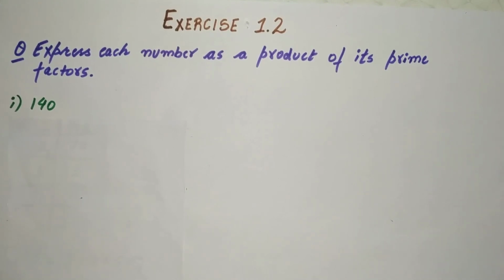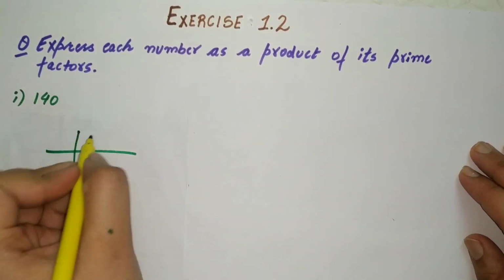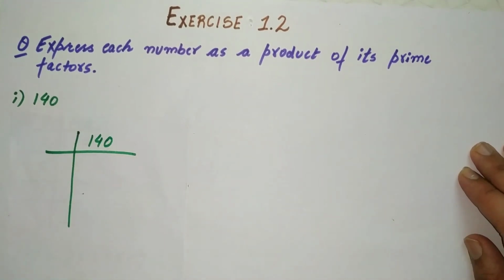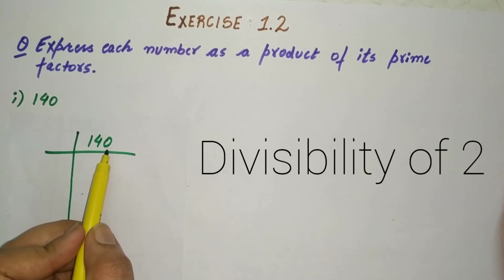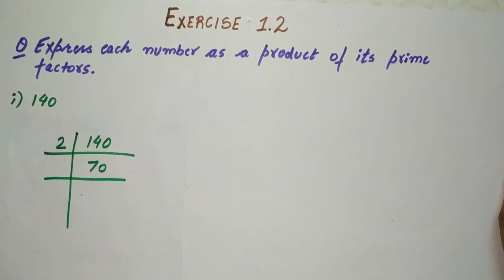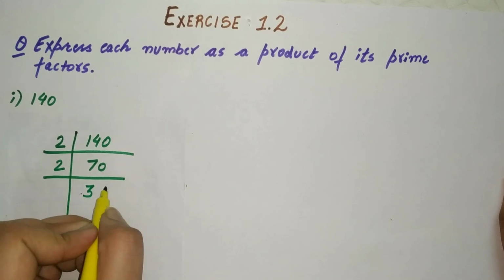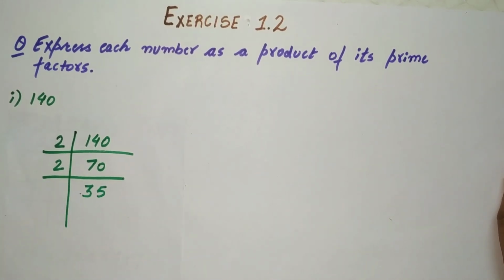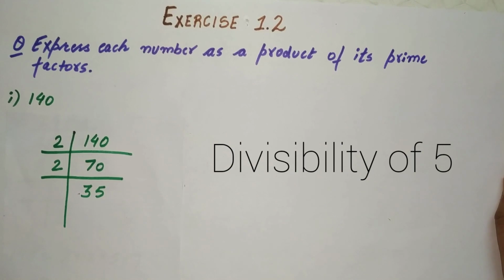So let's find out the prime factors of 140 by division method. 140 is divisible by 2 since its ones place digit is 0. Again, 70 is divisible by 2 since it ends with 0. 35 is neither divisible by 2 nor 3, so we'll check whether 35 is divisible by 5 or not.